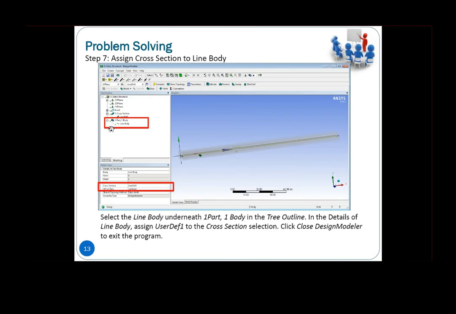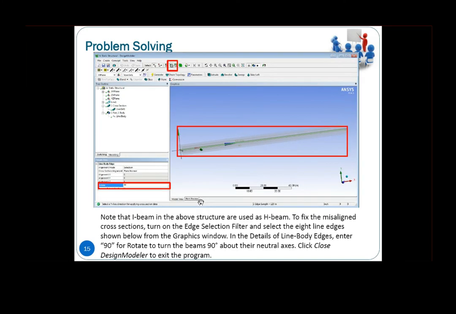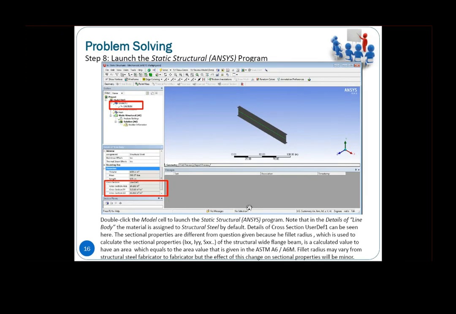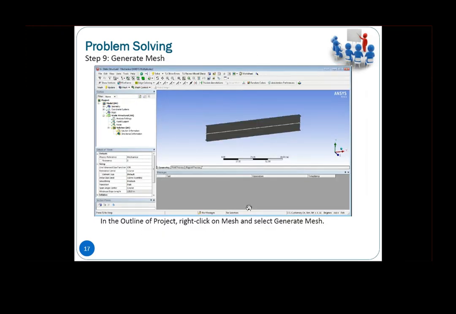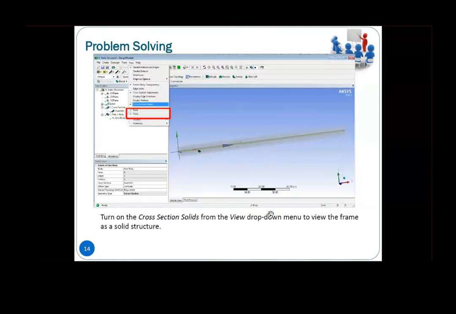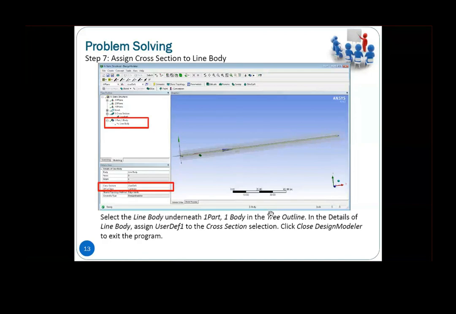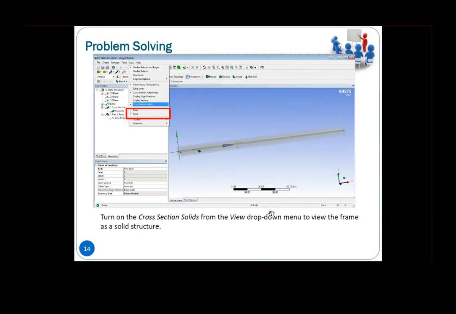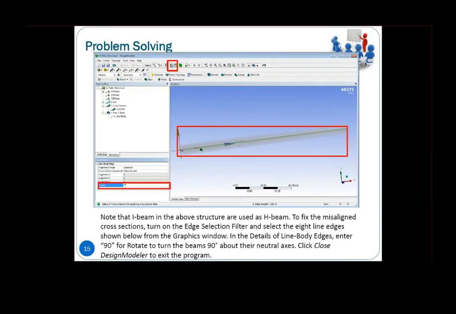Then we create this line body itself, just 2 nodes, right? If you look into it, it is still under H beams, I mean the directions are X and Y. So probably I rotate it by 90 degrees to have the correct neutral axis.